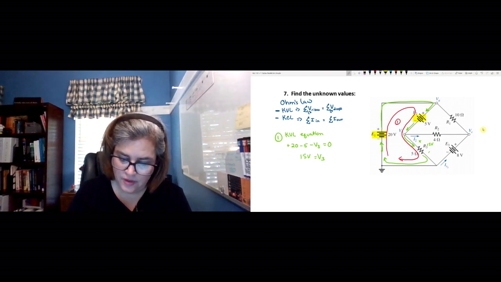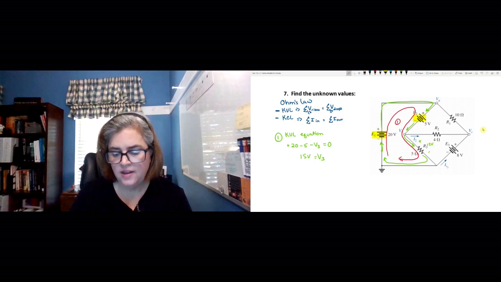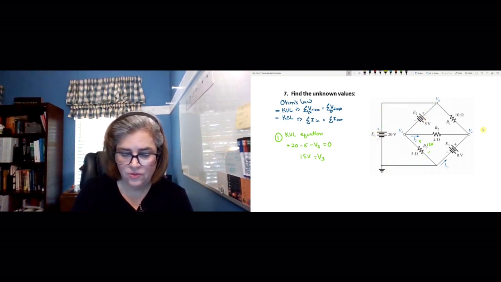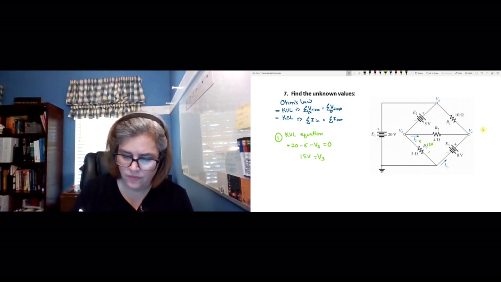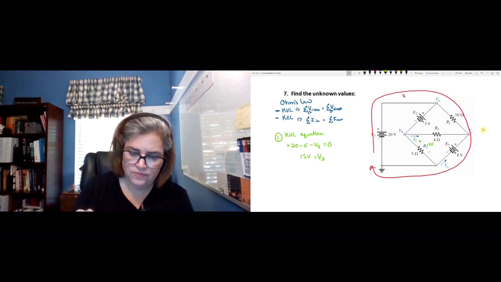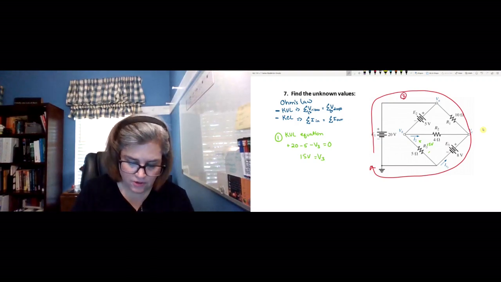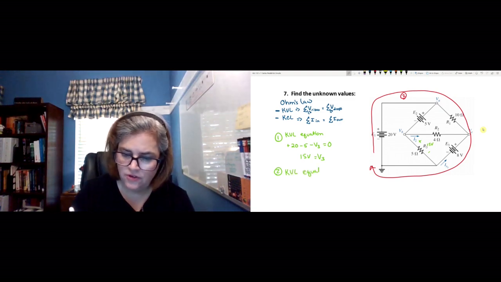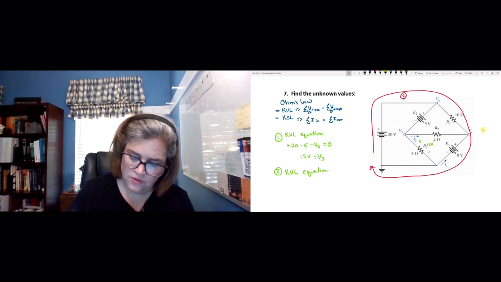Now, I'm going to get rid of all this, and let's do KVL somewhere else. We could do the one that's all the way around the outside of the circuit out here. I'll call that loop 2. So our second KVL equation at loop 2, again, I'm going to start here at ground.